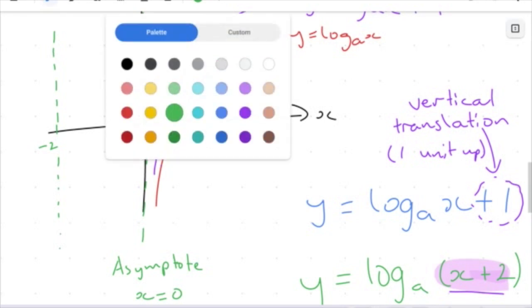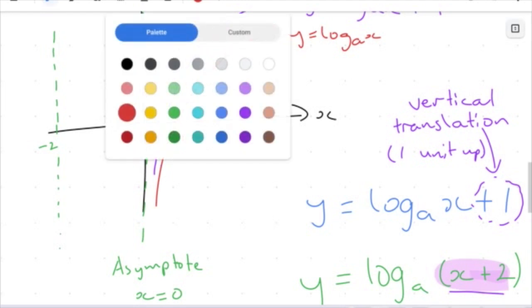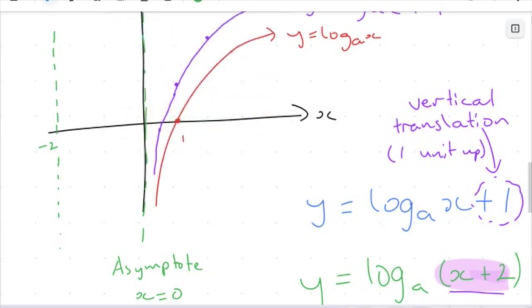Another pretty key significant point here is my x-intercept. My x-intercept was 1, so it's going to get shifted 2 units to the left. So from +1, it's going to go to -1. That's going to be my intercept here.